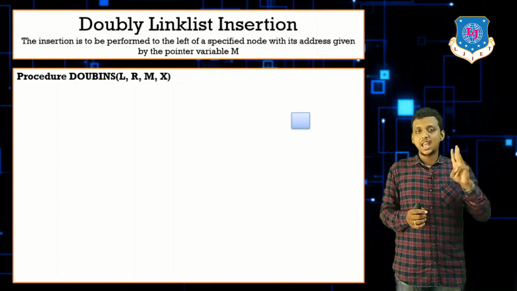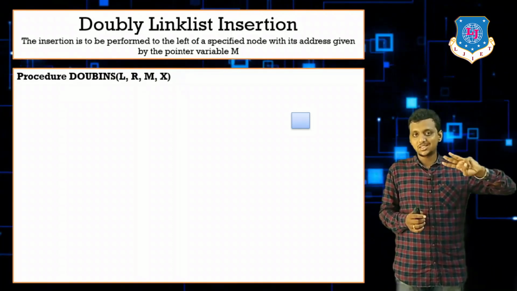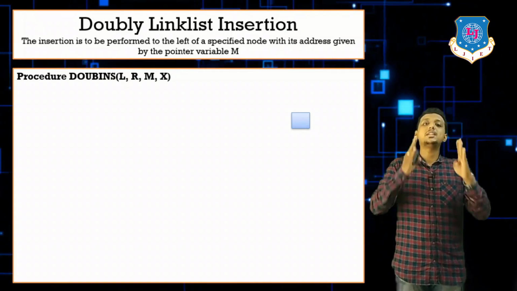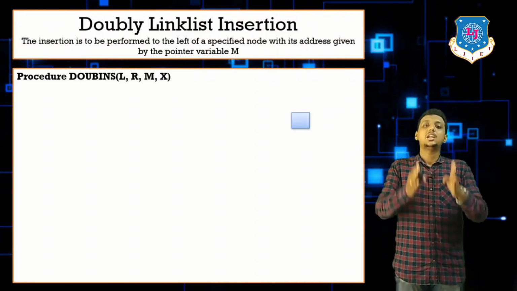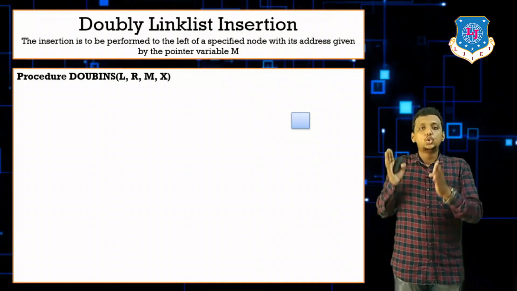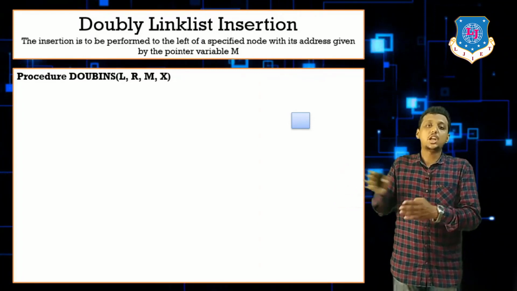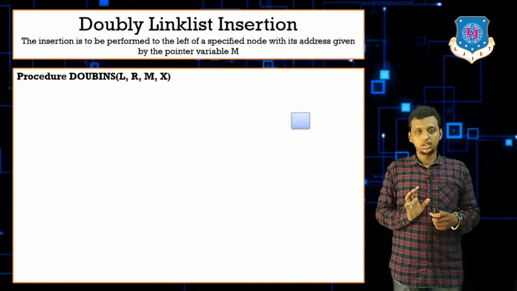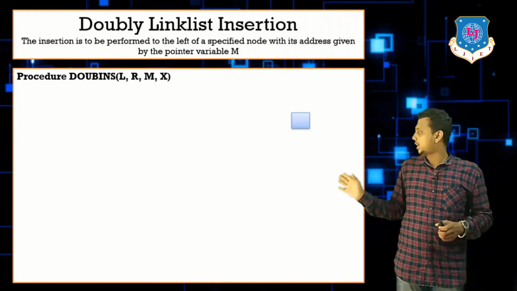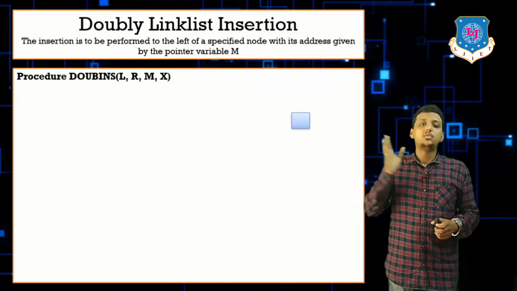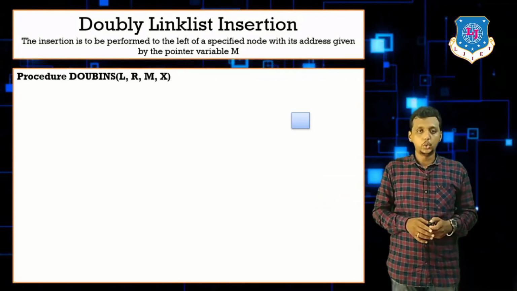Then X is a value which we are going to insert, and M is a pointer, or we can say the address of a node to the left of which we are going to insert the new node. So M is the address of a node, and on its left side we are going to insert a new node.